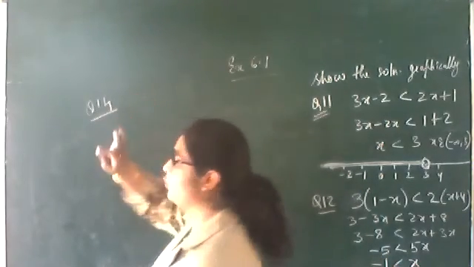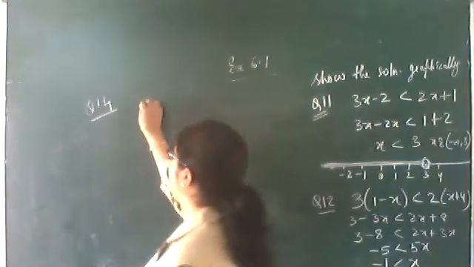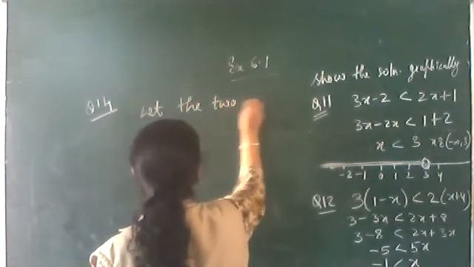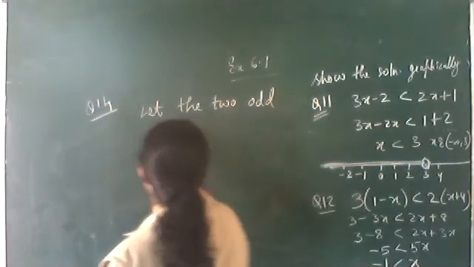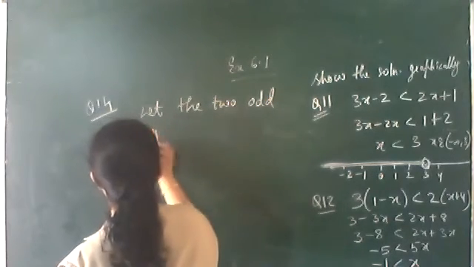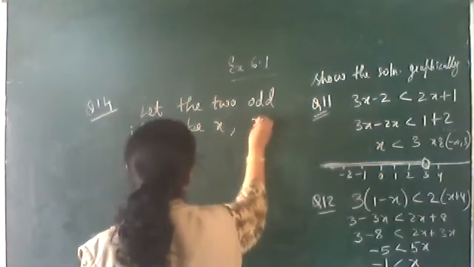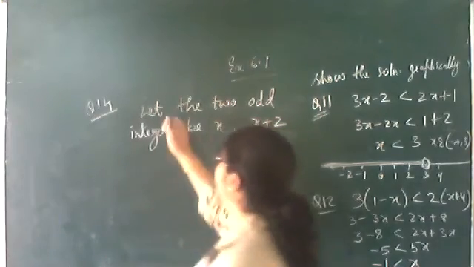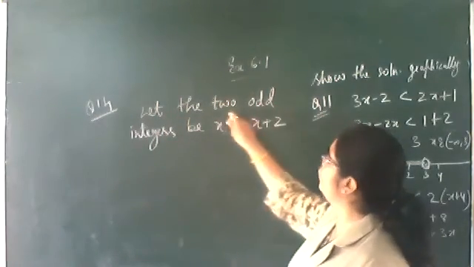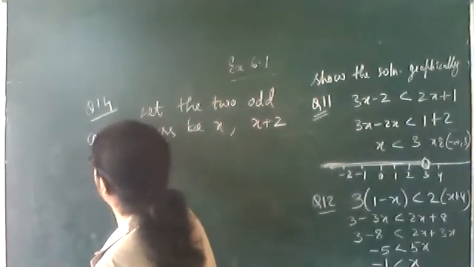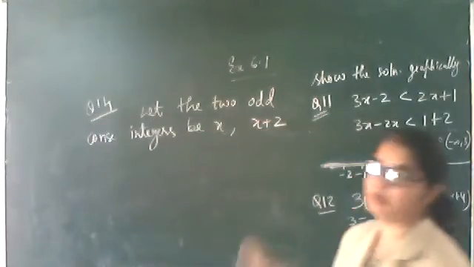Suppose we are having two odd integers. Let the two odd consecutive integers be x and x plus 2.